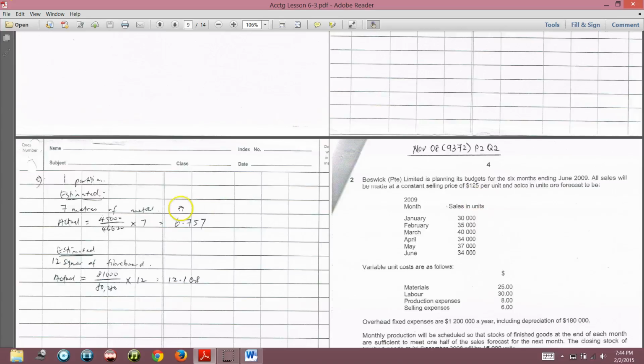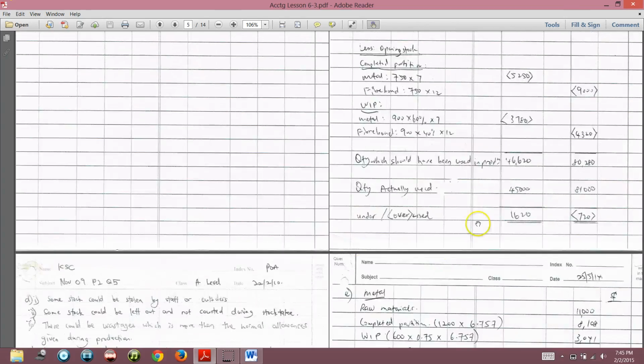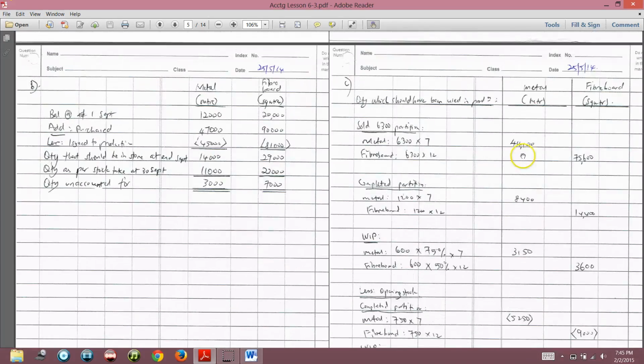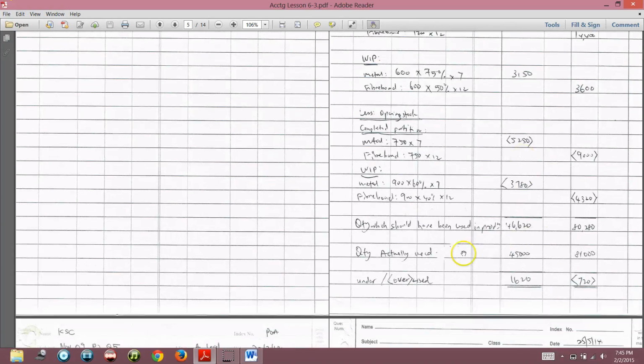Okay, look at my calculation here. One partition is estimated at 7 meters of metal. The actual, you see over here, part C. The quantity actually used for metal is 45,000.